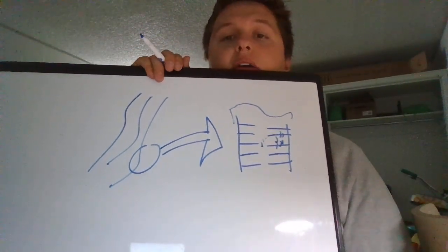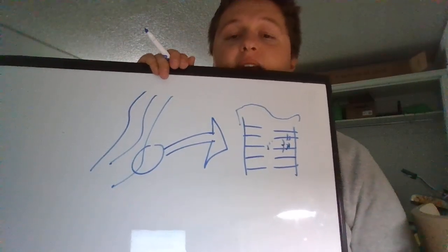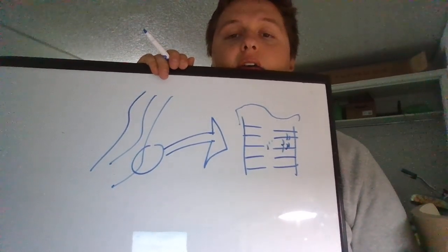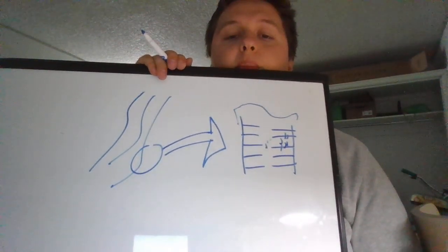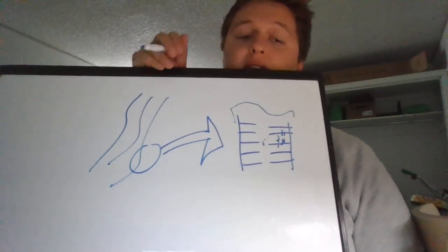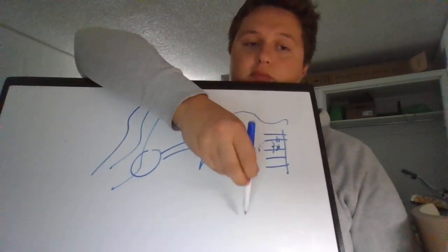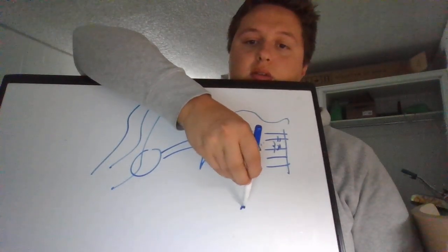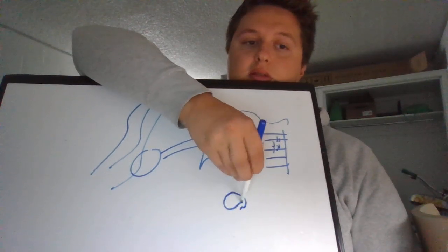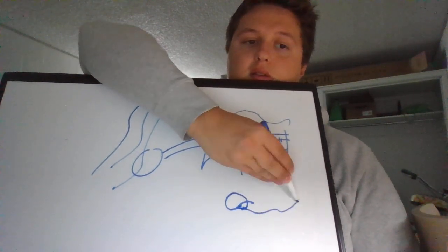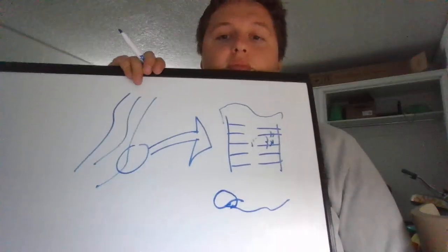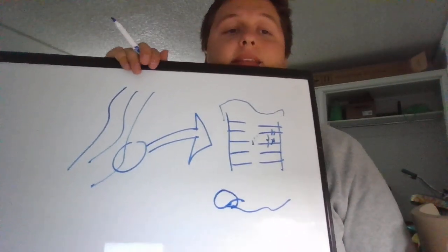Myosin is what thick filaments are made of, and it looks kind of like a golf club with two heads that can pivot.